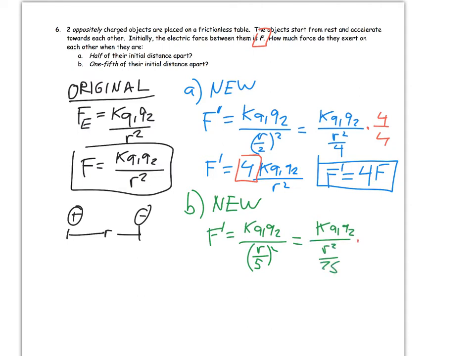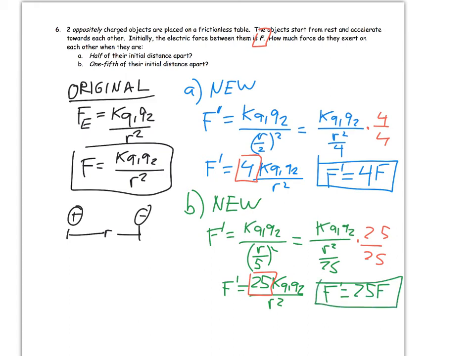We multiply the top and bottom by 25 to get rid of that double fraction, and we're left with F prime equals 25 k q1 q2 over r squared. That 25 is the key difference, so our new force is 25 times our original force. Once again, that makes sense if we think about inverse square laws.